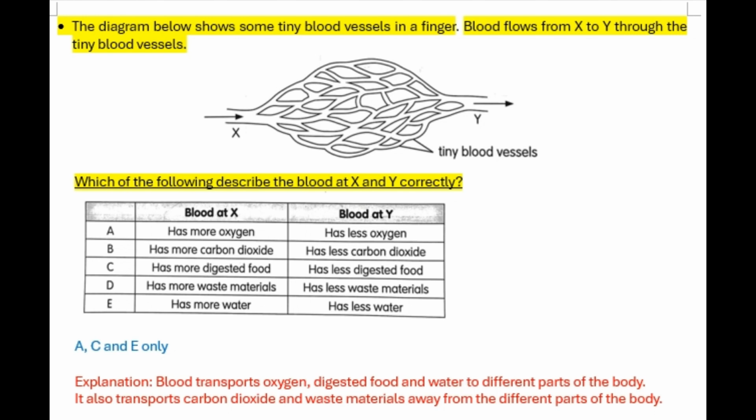A, C and E only. Explanation: blood transports oxygen, digested food, and water to different parts of the body. It also transports carbon dioxide and waste materials away from the different parts of the body.